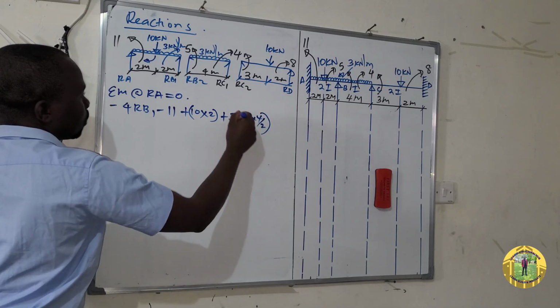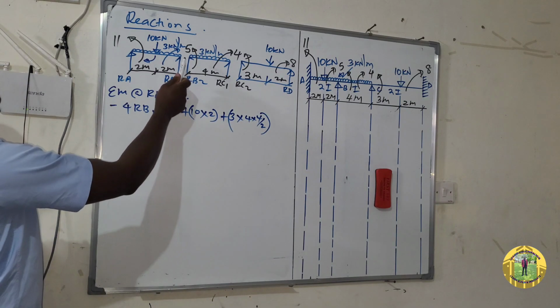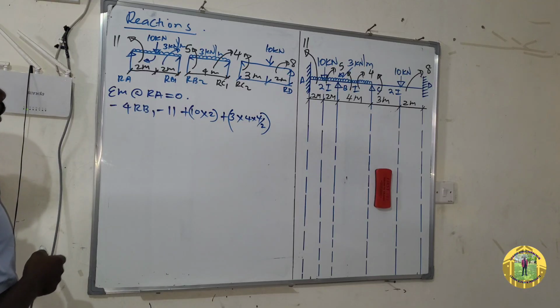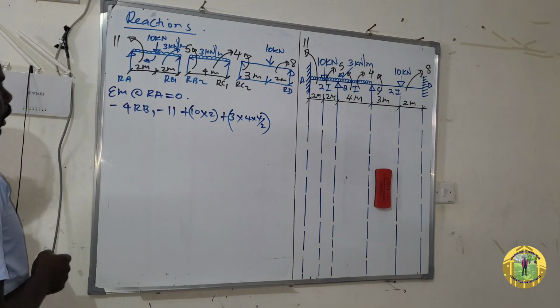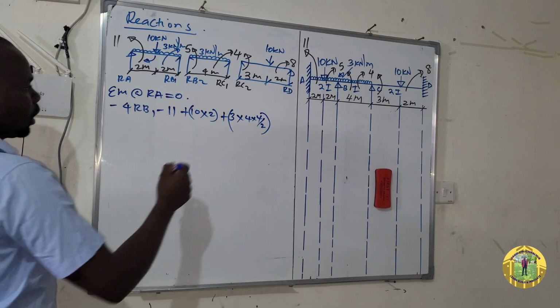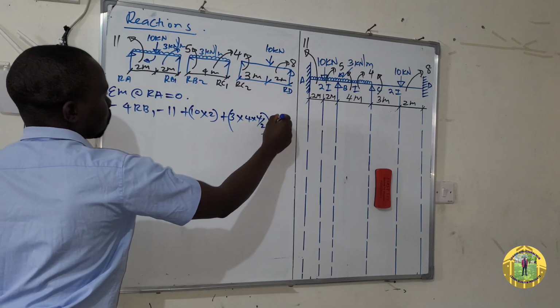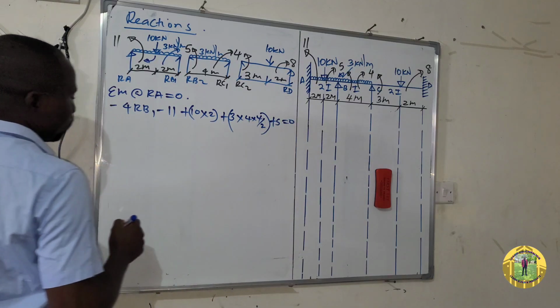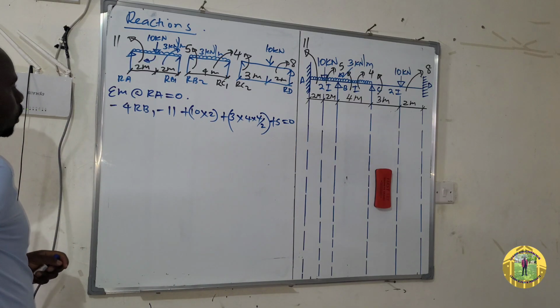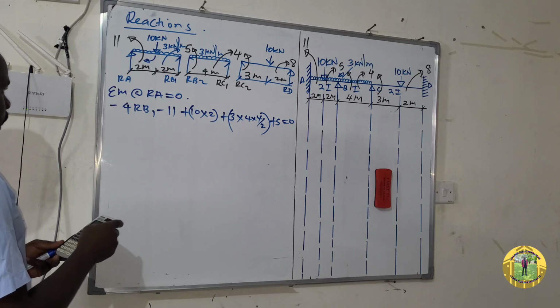And then we'll come to this moment here, which is 5, and it is moving in clockwise direction, and therefore plus 5 is equal to 0. From there, you can carry out the operation.